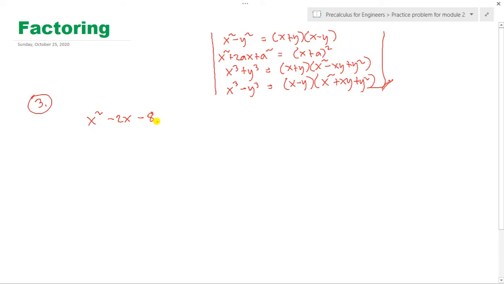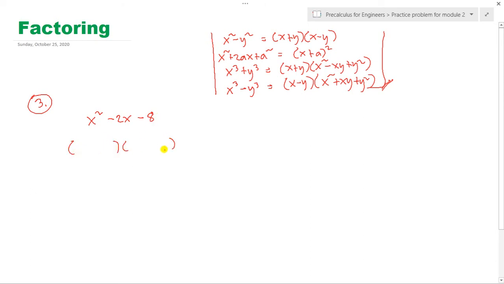Ayun. Kapag bibigyan ka ng ganito, una mong gagawin is verify whether this one is a perfect square. So perfect square ba to? Tingnan natin yung ating constant. Is the constant a perfect square? No. So therefore it's not a perfect square. So we can use the trial and error method.